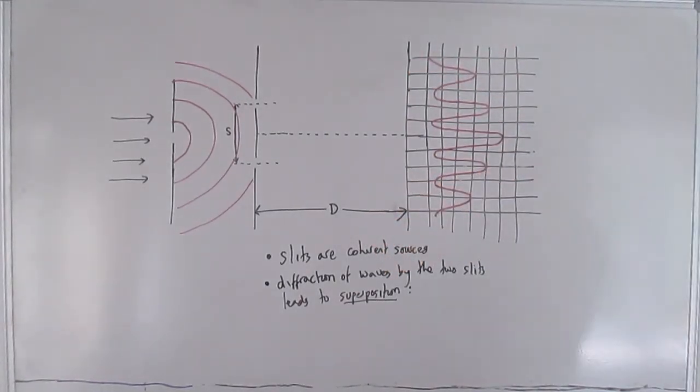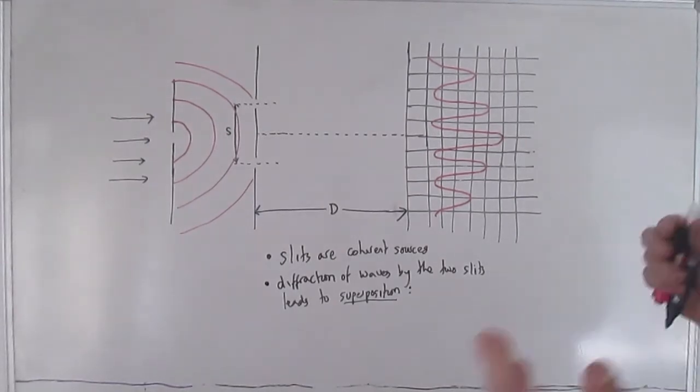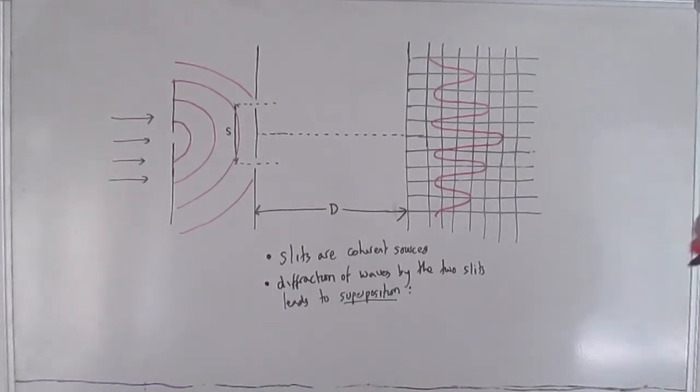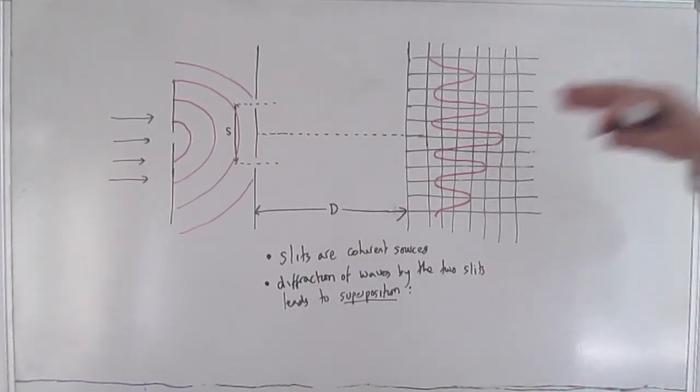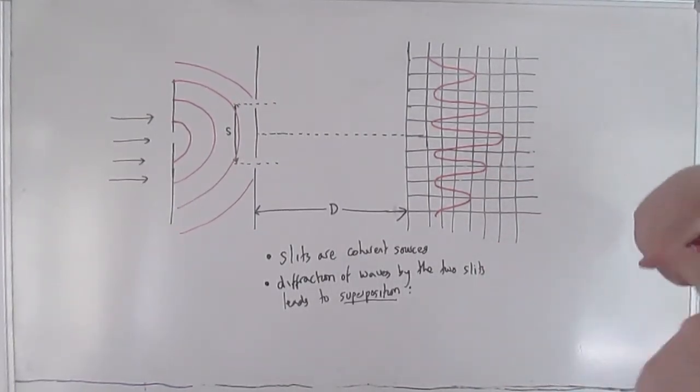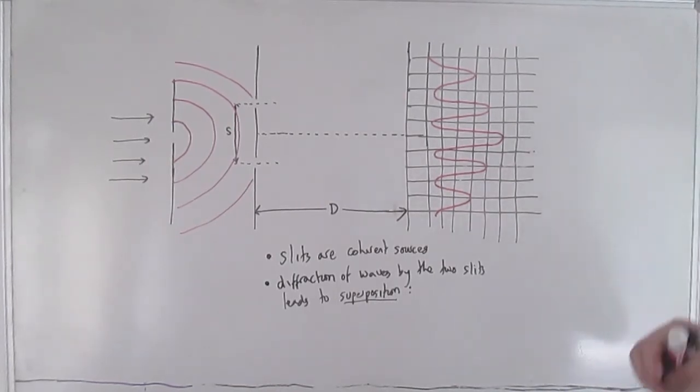Because if they're in phase, you'll get constructive interference, where the displacements will add up to give you a bigger displacement, so you get a bright fringe, or whether they arrive anti-phase, in which case they'll cancel each other out and you'll get a dark fringe.